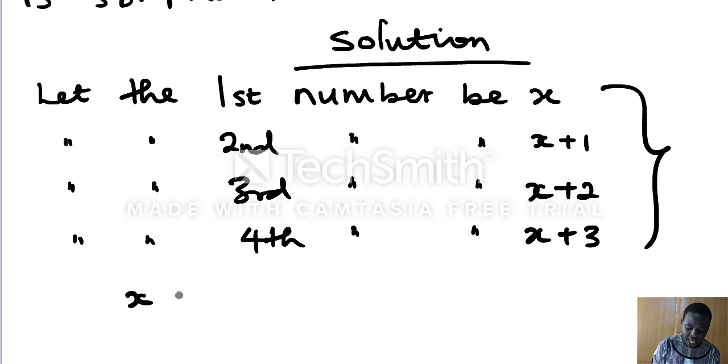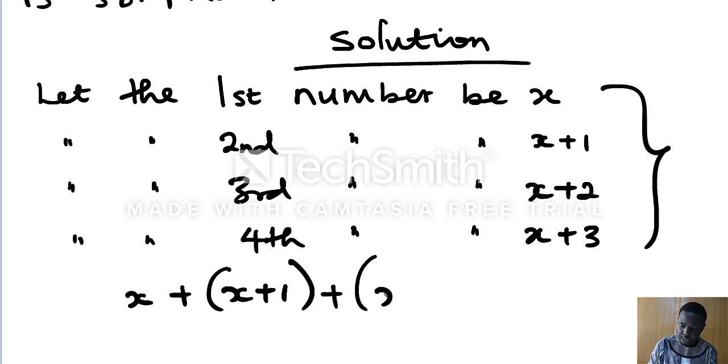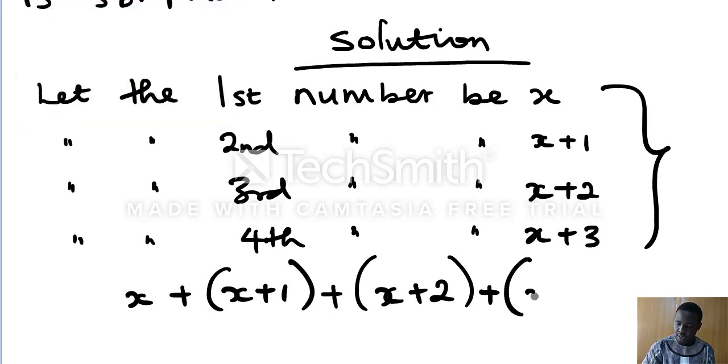That is x plus x plus 1 plus x plus 2 plus x plus 3 is equal to 58.